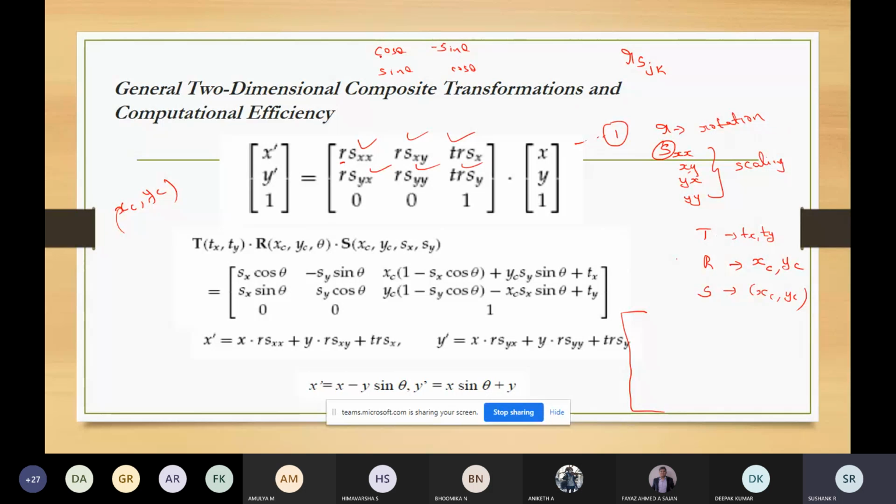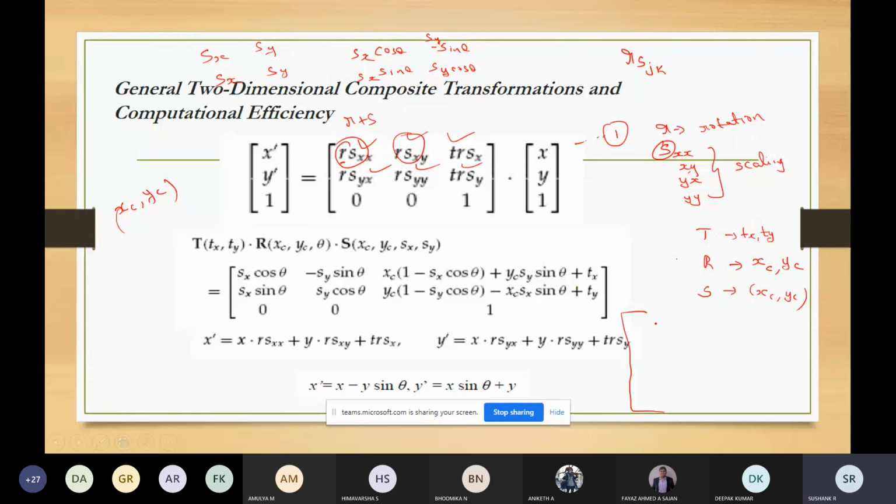So we got the rotation value, and also scaling along the x-axis and the y-axis, Sx and Sy. The first four terms consist of rotation plus scaling. Rotation is given by cos theta, sin theta, and scaling is given by Sx, Sy.